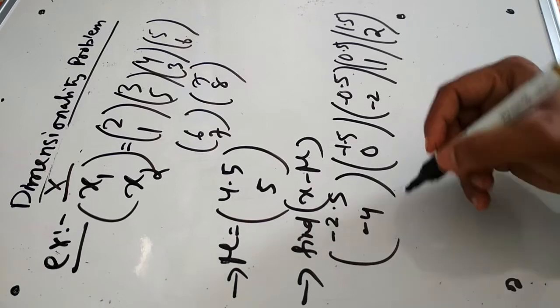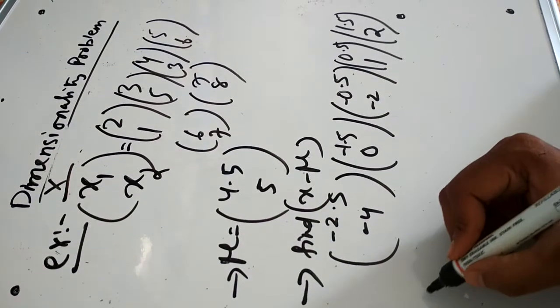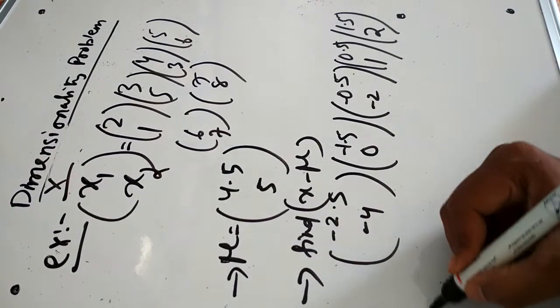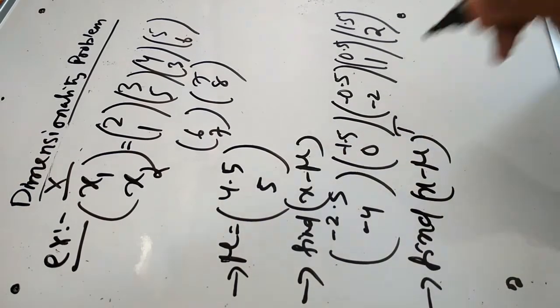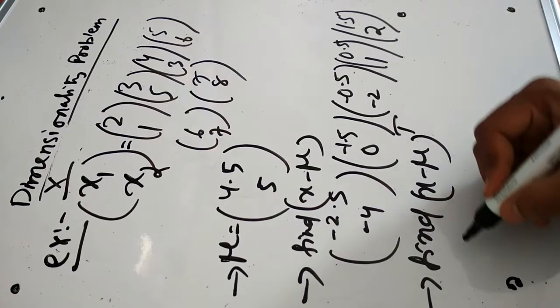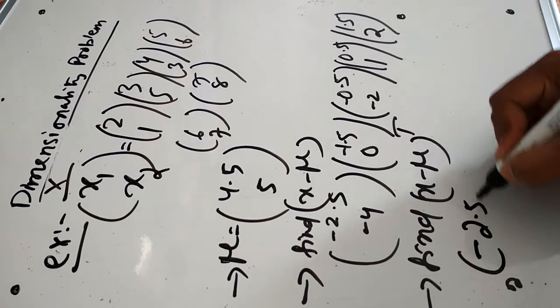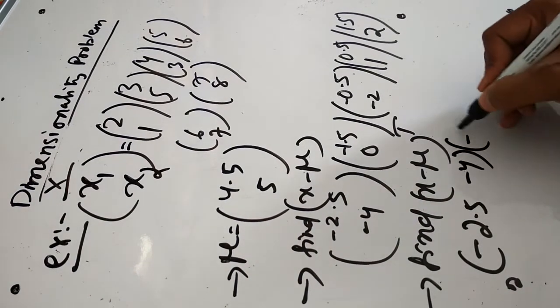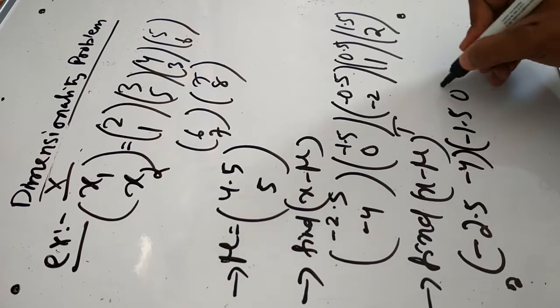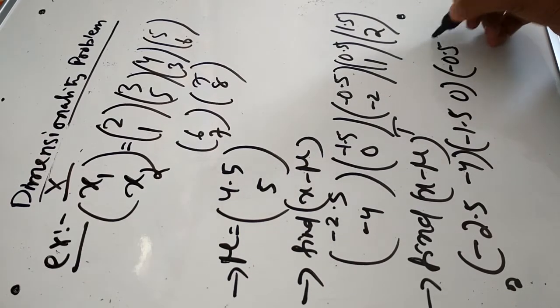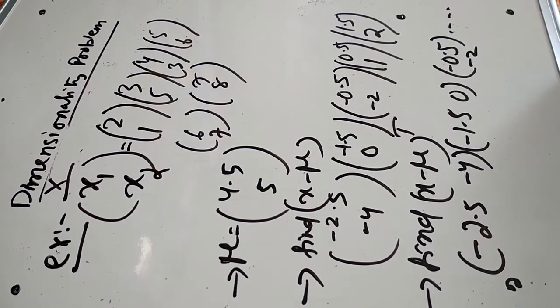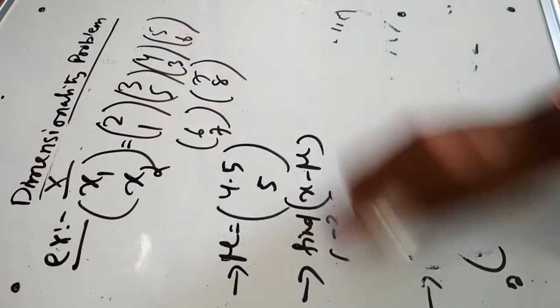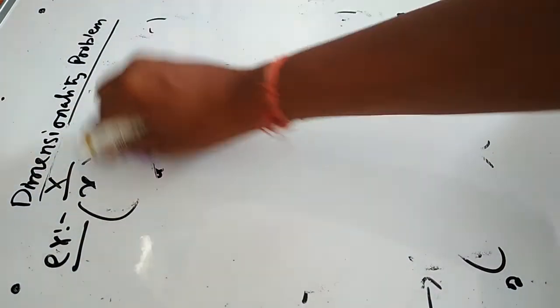Like the same, you can find x minus μ whole transpose. You just transpose this, like −2.5, −4, −1.5, 0, −0.5, −2, and so on. So this is very easy. Let's go for the next part.